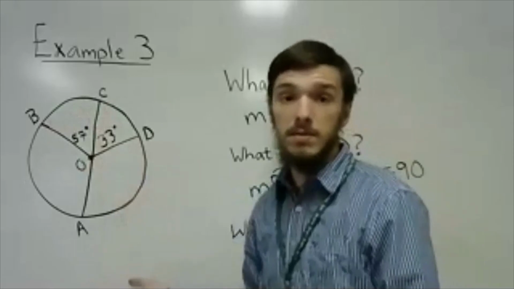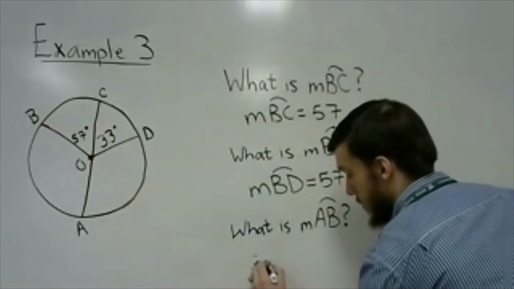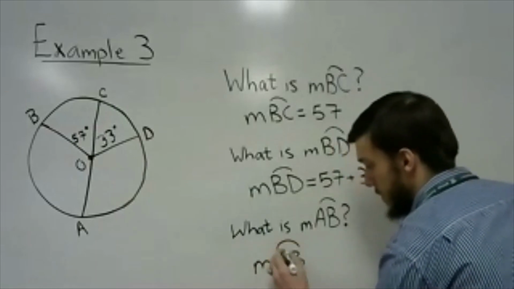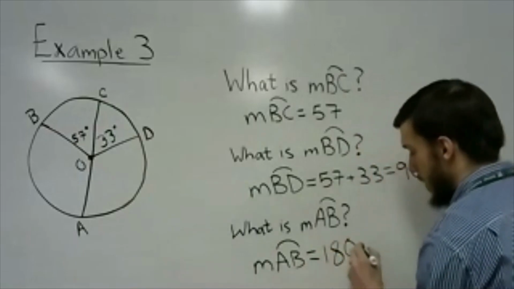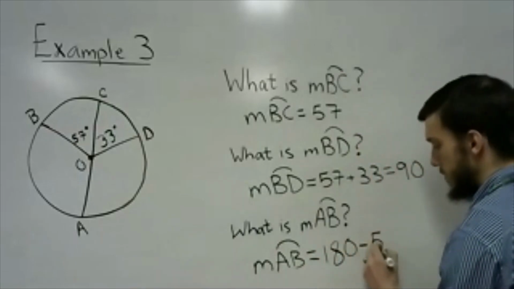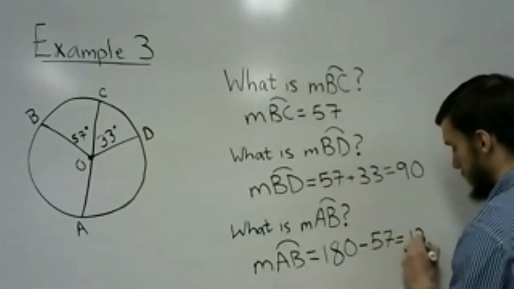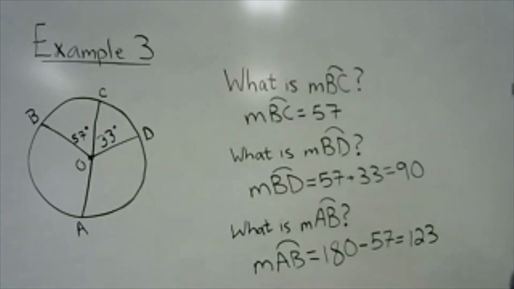So that's how we find the measure of arc AB. We're going to take 180 and subtract 57. And that gives us 123. So the measure of arc AB is 123.